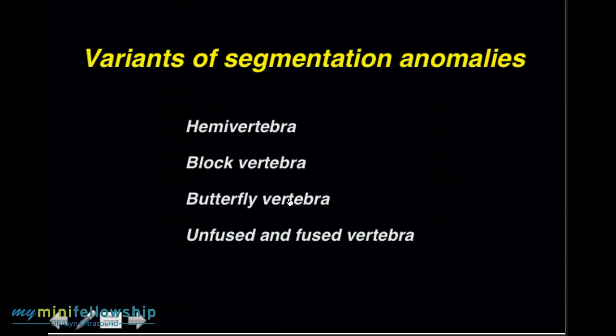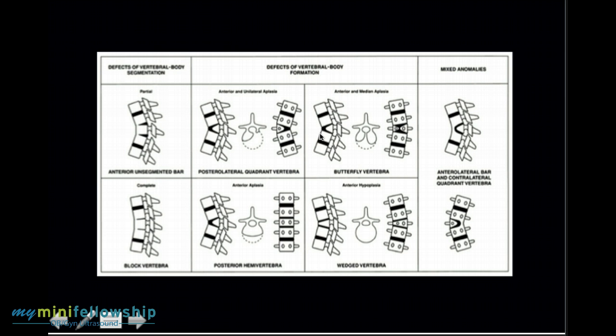Now, as everyone I'm sure is familiar, there are many types of these things. But fortunately, the one that's probably the most important in subsequent management issues is the one that we actually tend to see best. And that's because hemivertebrae most often are the ones that cause the spine to go out of kilter. This is the hemivertebrae.